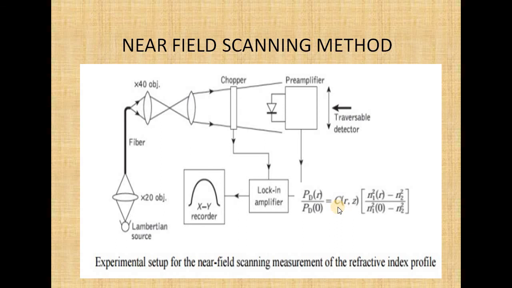It is given by this expression. Here N1(0) is the refractive index at the origin, and N1(R) is the refractive index at a distance R. N1 and N2 are the core and cladding refractive indices. Here C(R,Z) is the correction factor.